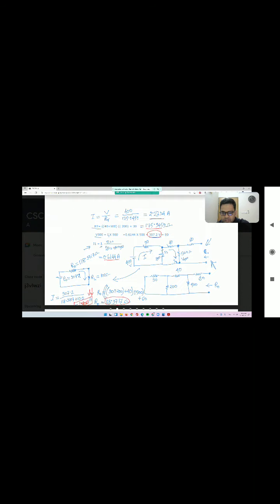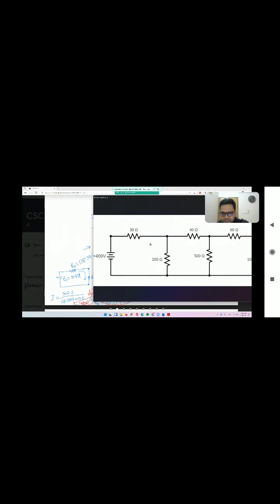This circuit and that circuit are the same. I hope you understand how we have solved this one. Although they have not written any explanation, we have discussed how we found 2.5. If you can understand this one, you should understand all other similar problems.